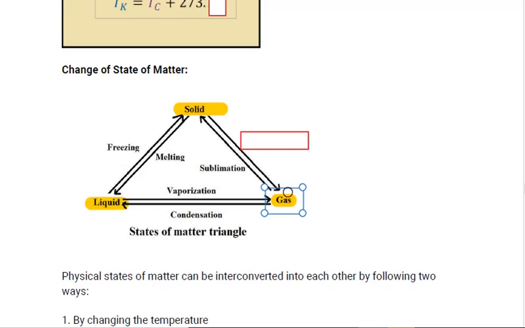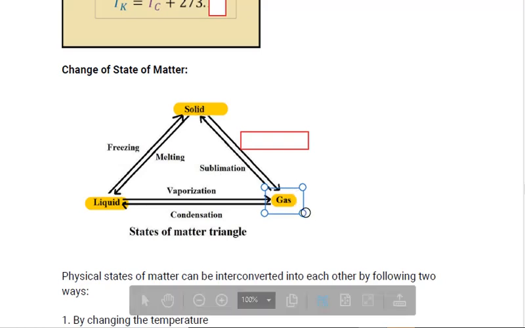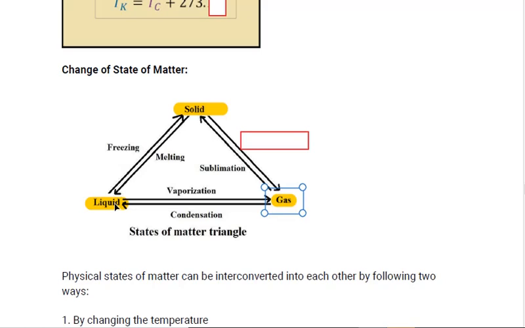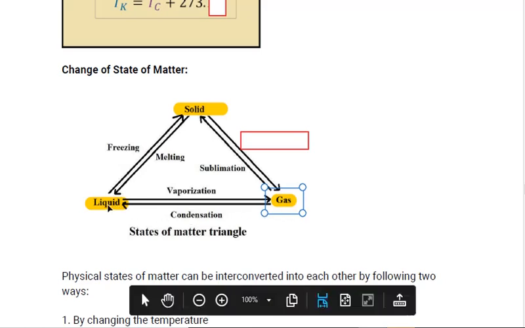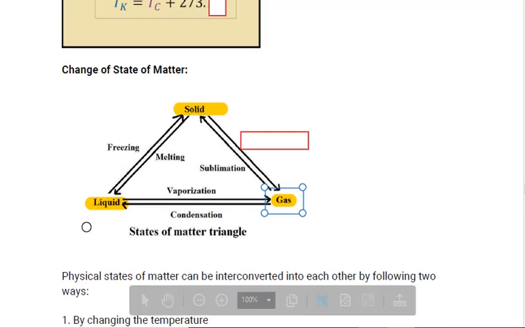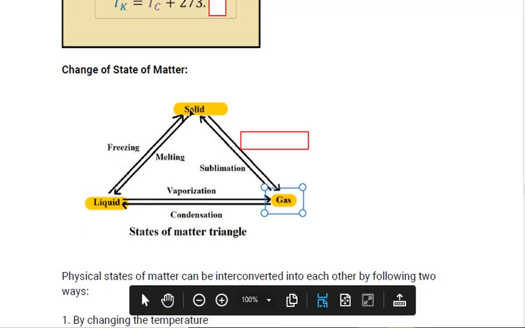Again heat will be supplied, it vaporizes, then it changes into gas, and gas by sublimation directly changes into solid.